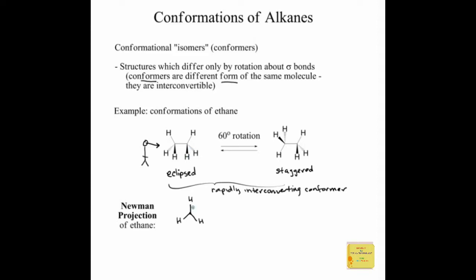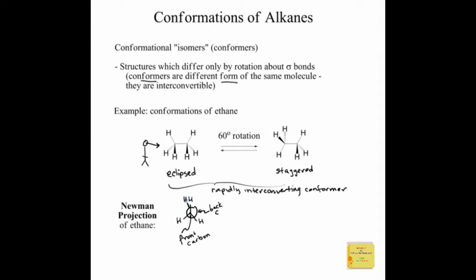Now, the way we show the back carbon in a Newman projection is we draw it as a big circle so that we can see them both. So this is the back carbon, and this dot is the front carbon. In this eclipsed conformation, the back hydrogen is exactly behind the front hydrogen.